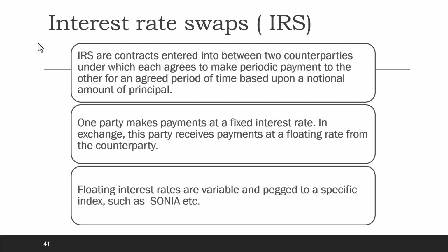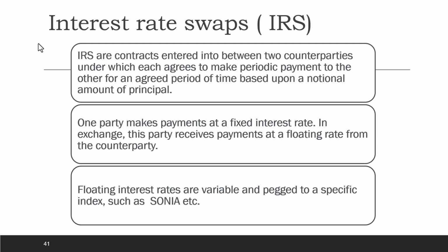Just read this, Harsh. IRS contracts, interest rate swaps. IRS contracts are entered into with counterparties, where one pays to the other for an agreed period of time based on the principal. One party makes payments at a fixed rate of interest. In exchange, this party receives payments at a floating rate from the counterparty.